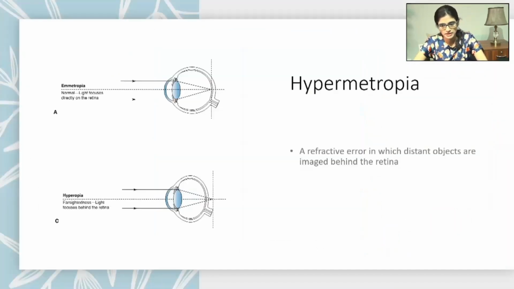So hypermetropia is a refractive error. Now we have come to the second refractive error. Hypermetropia is when the distant object, or light rays coming from infinity, are focused behind the retina. Myopia was when it was focused in front. This is where it is focused behind the retina.